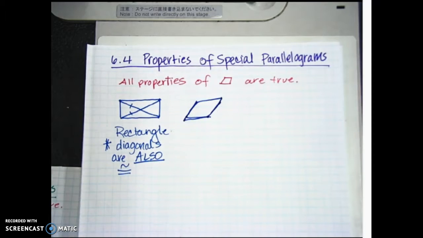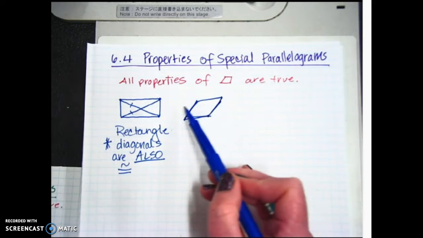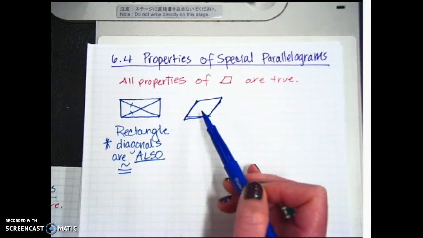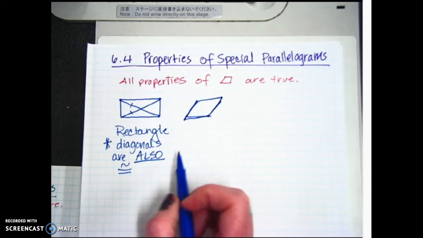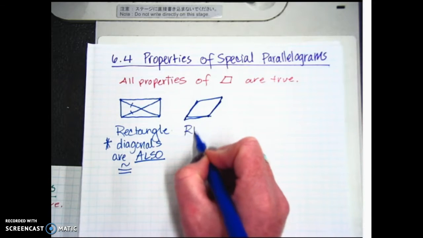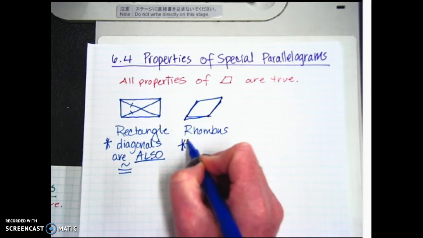Okay? It's kind of a particular way, but I find it hard to draw. Basically, it is a parallelogram because opposite sides are parallel. It has all the properties of a regular parallelogram. But then it also has the following properties as well.